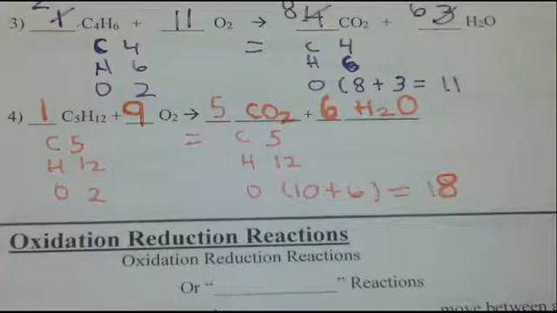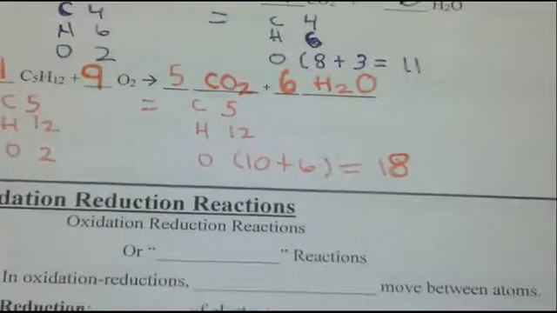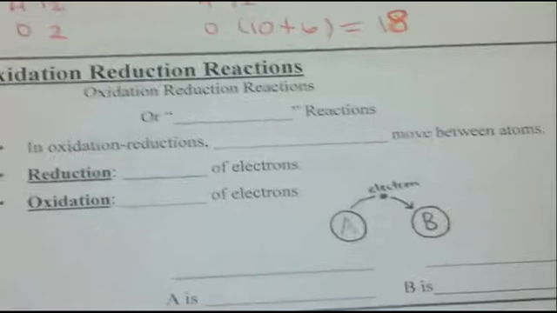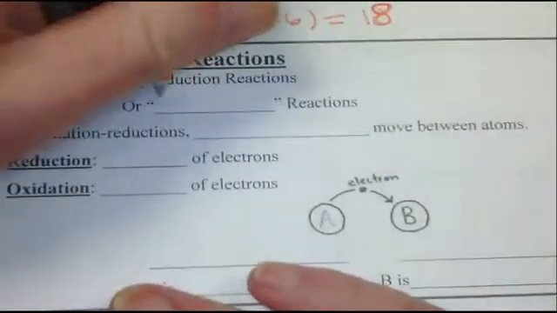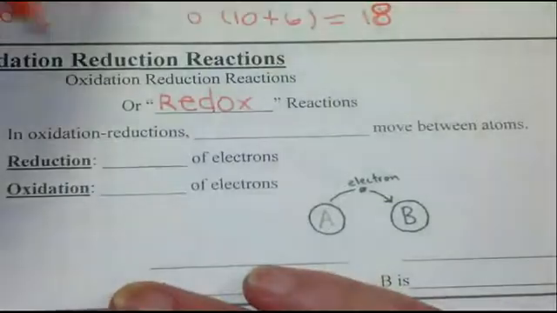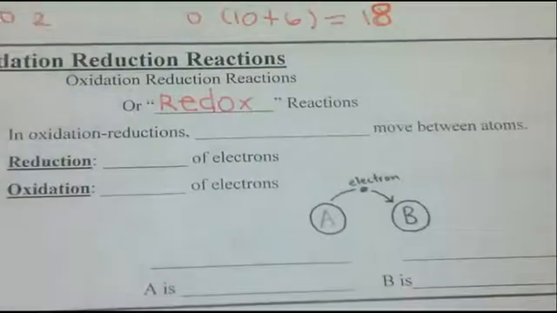Now we're going to change gears a little bit and think about oxidation reduction reactions. Oxidation reduction reactions are also known as redox reactions. So redox, it's just a shortening of oxidation reduction.